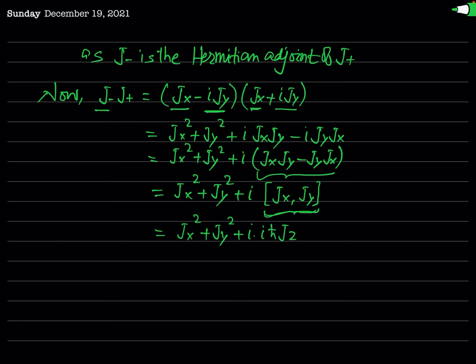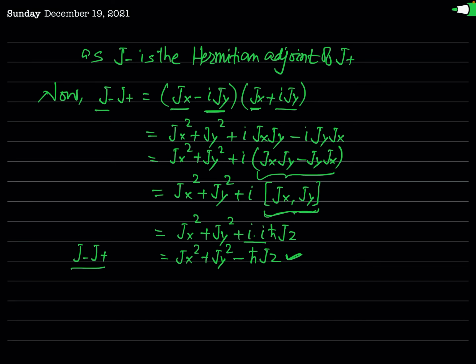Now i times i is minus 1, so this will be minus h bar Jz. In this way you have obtained that the operator J minus J plus is equal to Jx square plus Jy square minus h bar Jz.